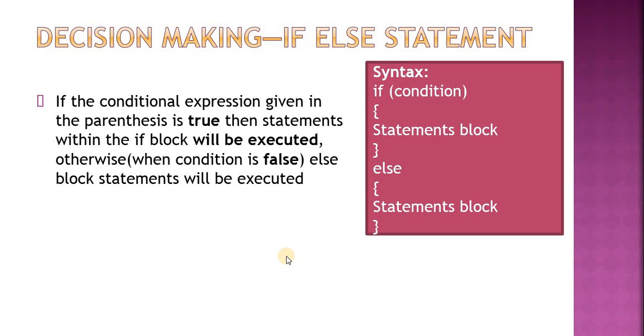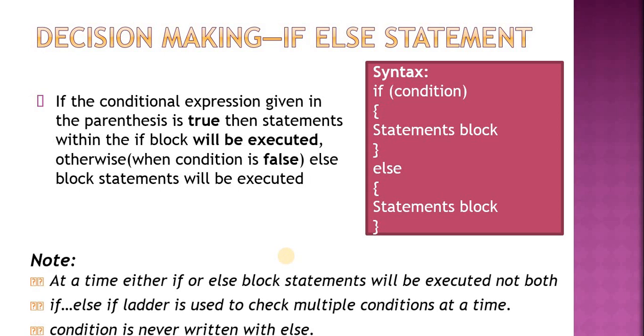So this is the second type of decision making statement. There are three important points that we should note. At a time, either if or else block statements will be executed, not both. Both statements cannot execute together.